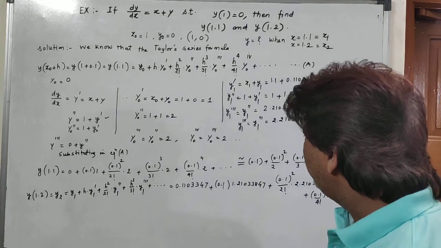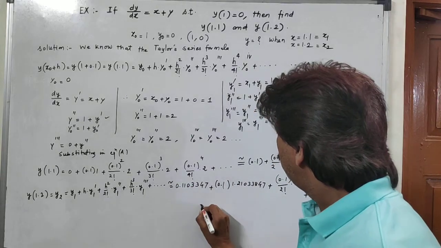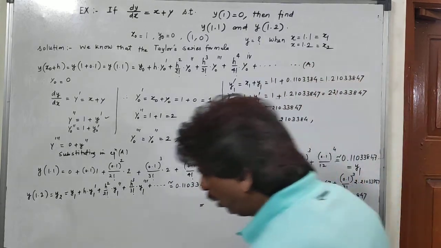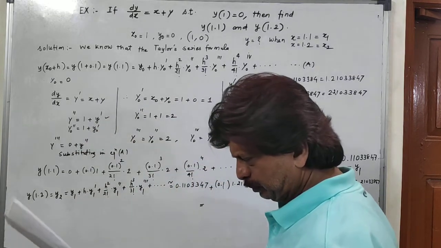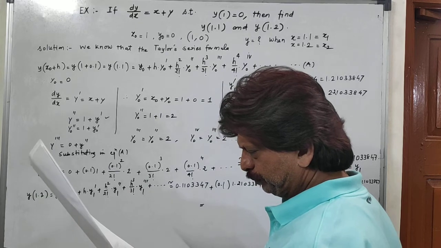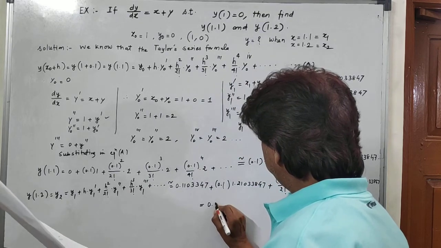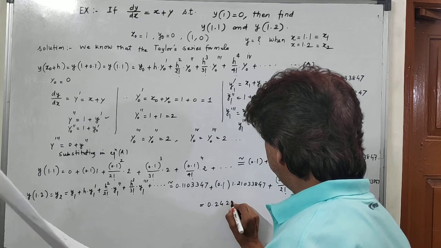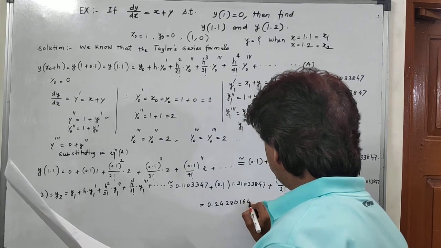If I add this finite number of terms, the value comes out approximately as 0.24280160.